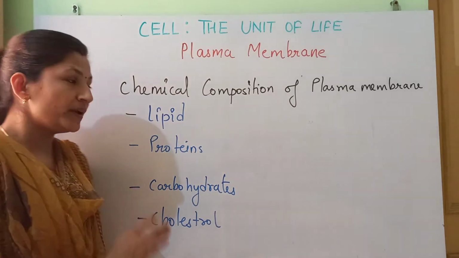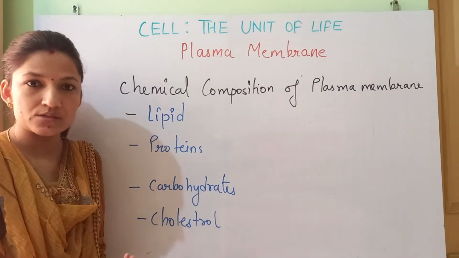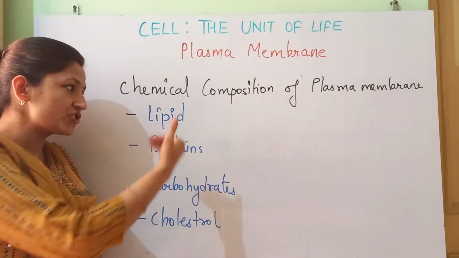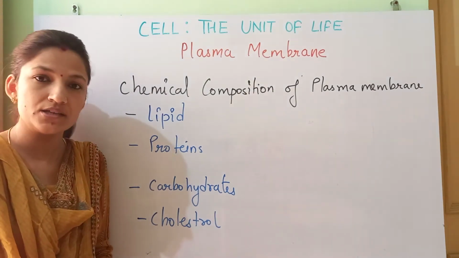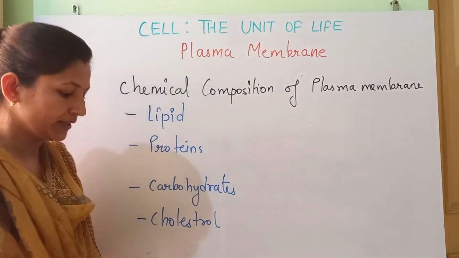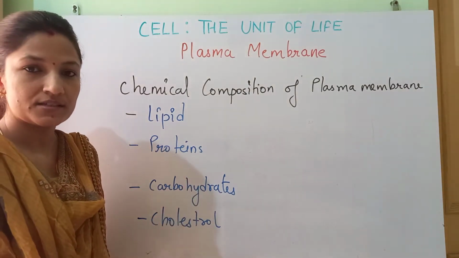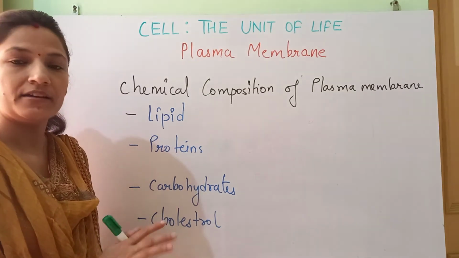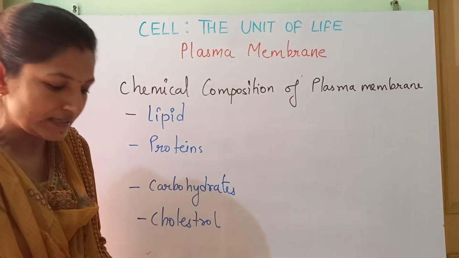Now, depending upon what kind of cell it is and what kind of function it is going to perform, the ratio of lipids and proteins is going to vary in the cell. Got it? Protein can be 60%, and the rest 40% can be lipids. It totally depends upon the function and the nature of the cell.